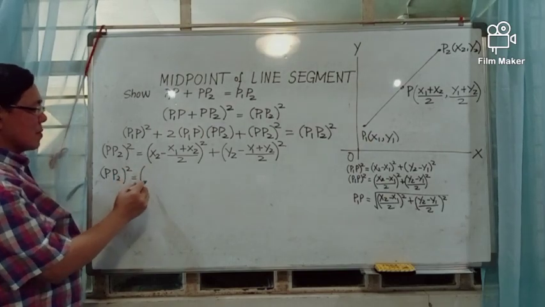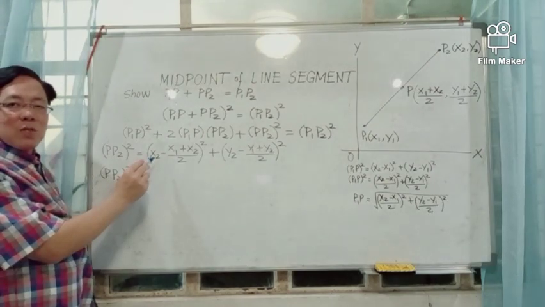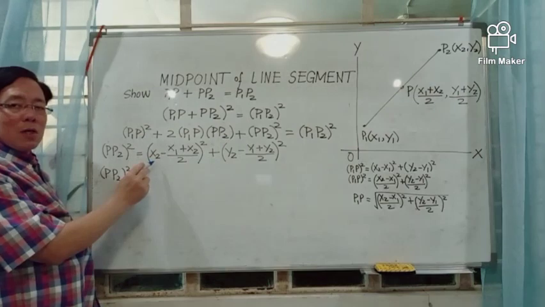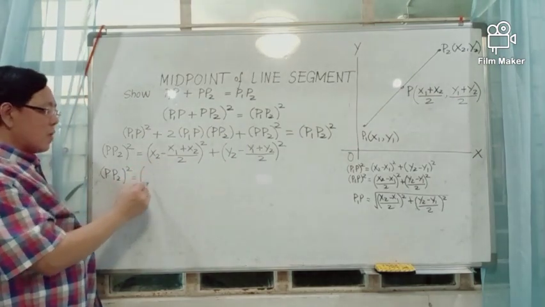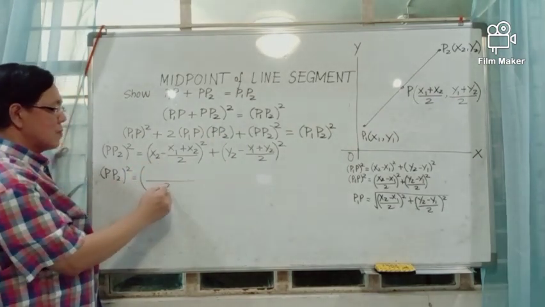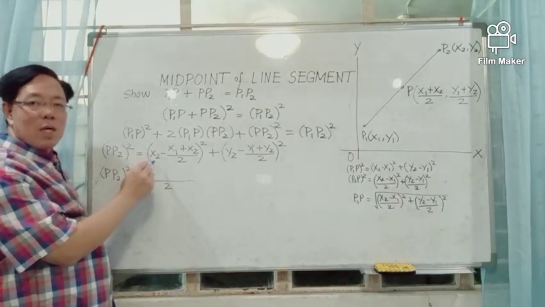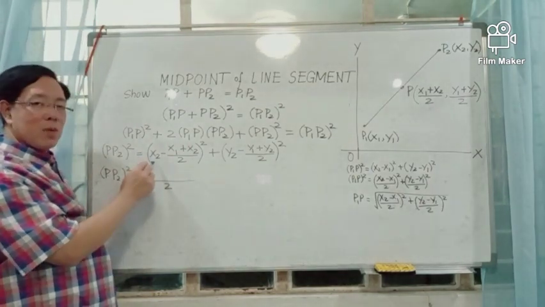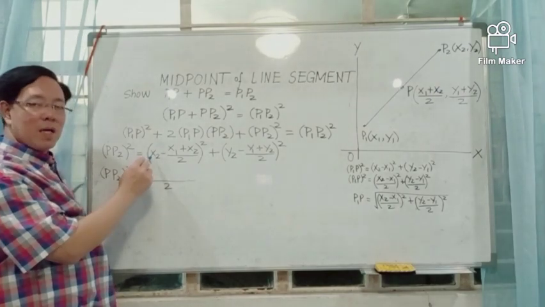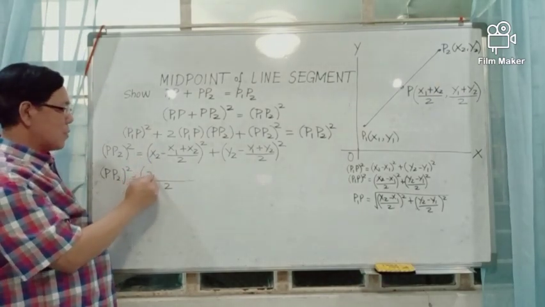equals, the denominator of x2 is 1. So the LCD of 2 and 1 is 2. 2 divided by the denominator of x2, 1, is 2. Multiply by x2, we have 2x2.